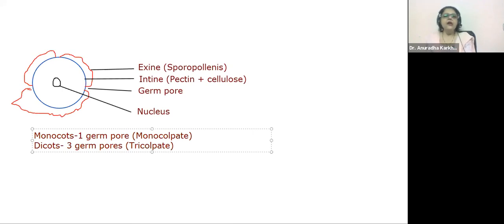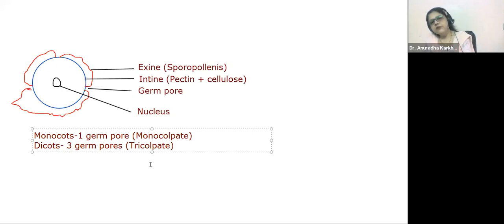It has been observed that generally for monocot pollen, only one opening is more than sufficient. But for dicot pollen, it's going to be always more than 2, so generally 3 would be present. Fine. How is a germ pore formed? By non-deposition of sporopollenin. There will be some area which is not going to have sporopollenin present.